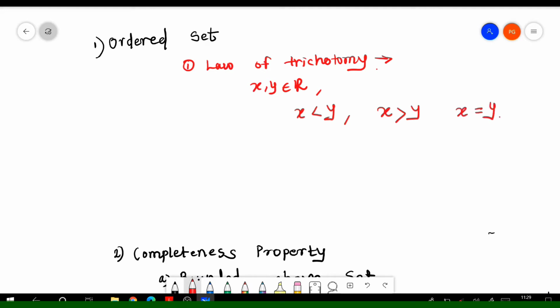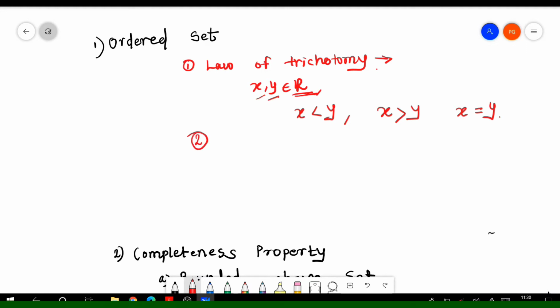So when we say that R satisfies the law of trichotomy, it means for any two numbers x and y, only these three are the possibilities.